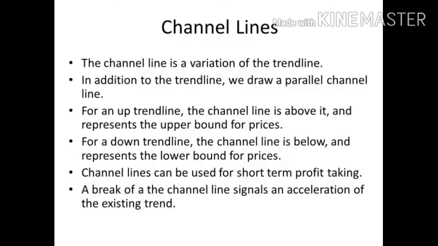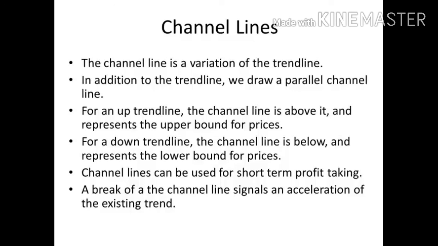price should be. So if we have an uptrend line, remember the uptrend line will be lows getting higher and higher, so the trend line will be below the prices. Then we can draw a channel line above the prices, parallel to the trend line, and that should represent the upper bound for prices. Right?